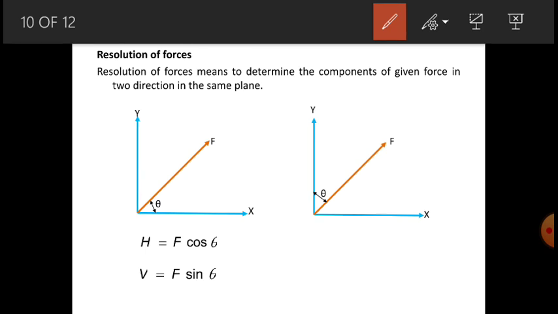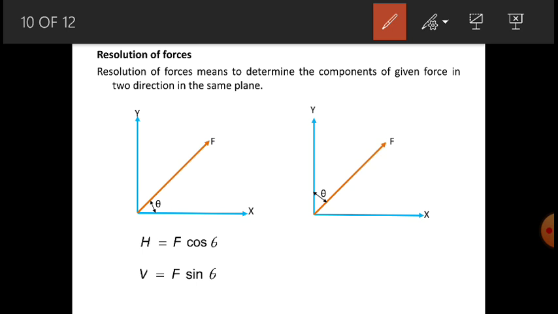Whenever theta is between the x axis, the horizontal component, and the force, then your H will be F cos theta. If it is between the vertical y direction and the force, then your V will be F cos theta.